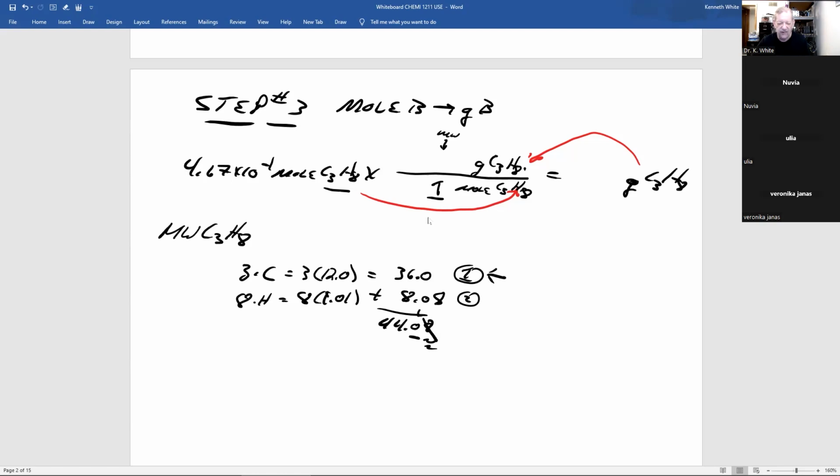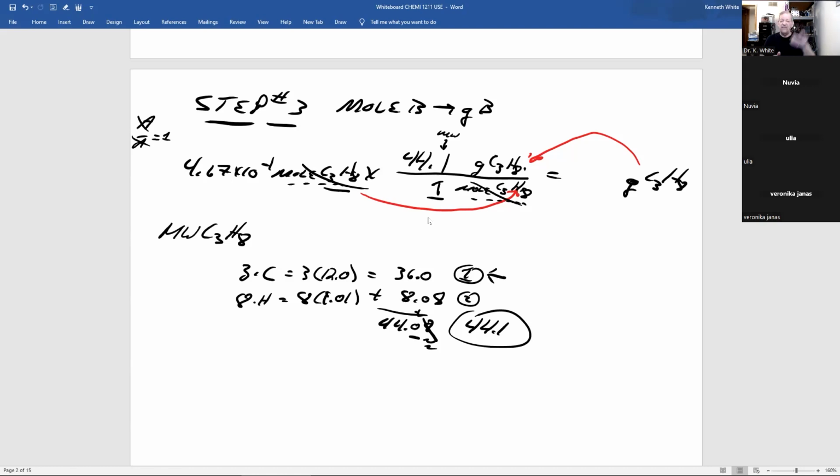Drop that. Increase the number in front by 1. So the correct answer for the molecular weight of C3H8 propane is 44.1 grams. And now I will look and see moles of C3H8 divided by moles of C3H8. Anything divided by itself equals the number 1 and cancels out. That cancels out. I'm left with grams of C3H8.